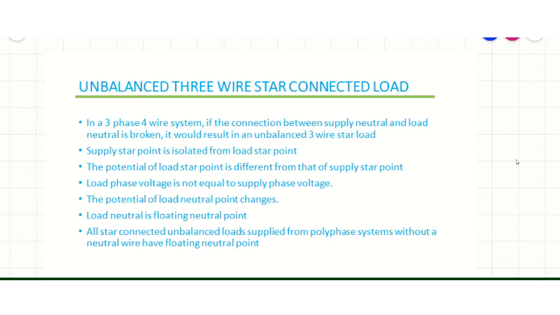That is why the load neutral is sometimes called a floating neutral point. All star-connected unbalanced loads supplied from polyphase systems without a neutral wire have a floating neutral point. The phase voltage of the load is not 1 by root 3 of the line voltage in such cases.